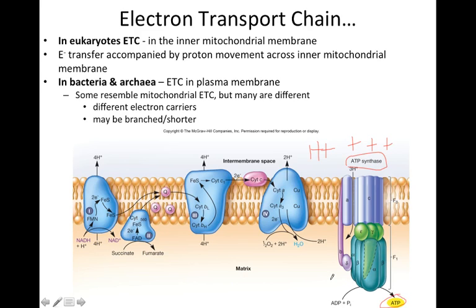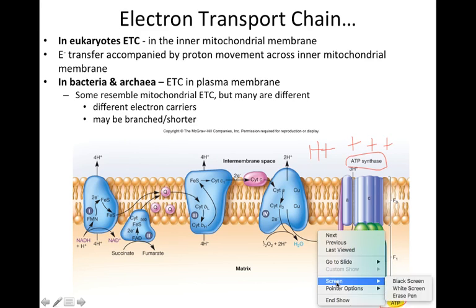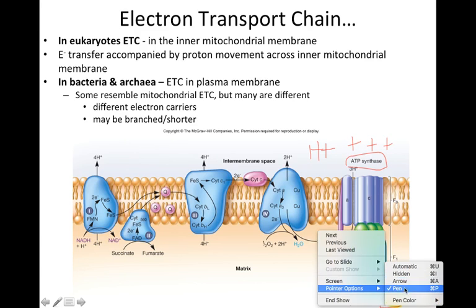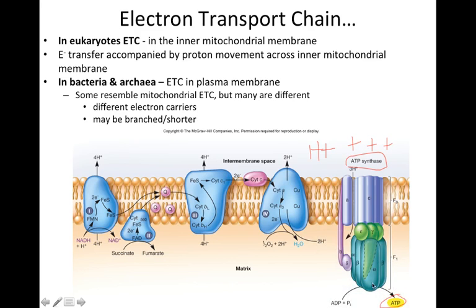So you have the generation of ATP, which is dependent on this proton gradient that's formed, and this is true for both prokaryotes and eukaryotes.